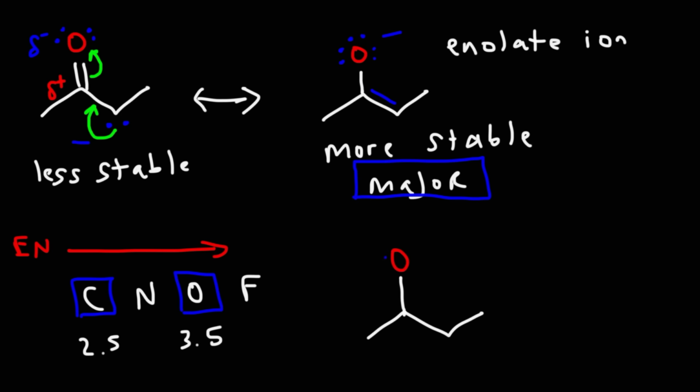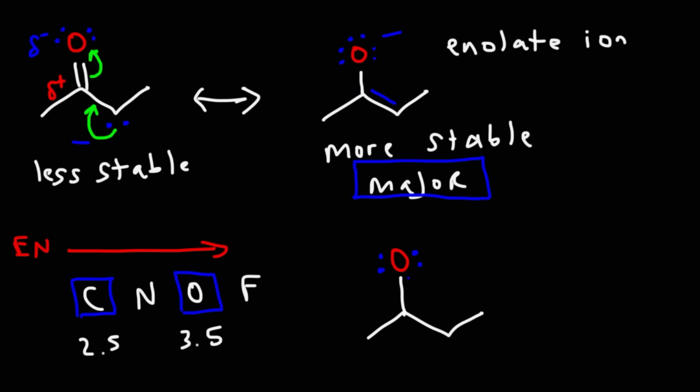This oxygen will always have at least 2 lone pairs. This structure has 2 lone pairs, and this one has 3, but it will at least have 2. The pi bond will sometimes be here and will sometimes be here. So the pi bond can move between the oxygen and these 2 carbon atoms.